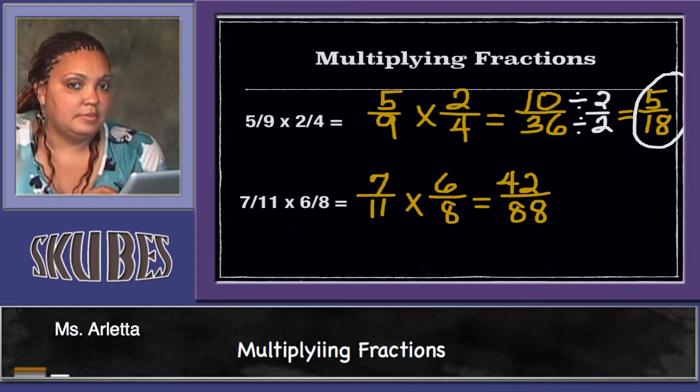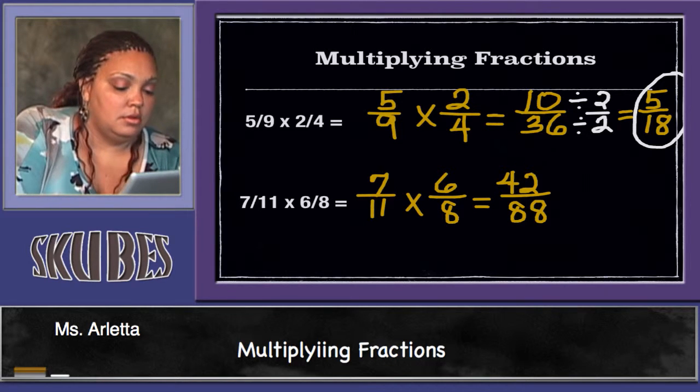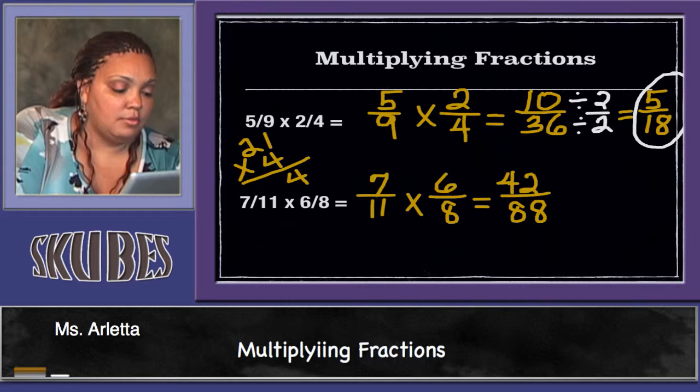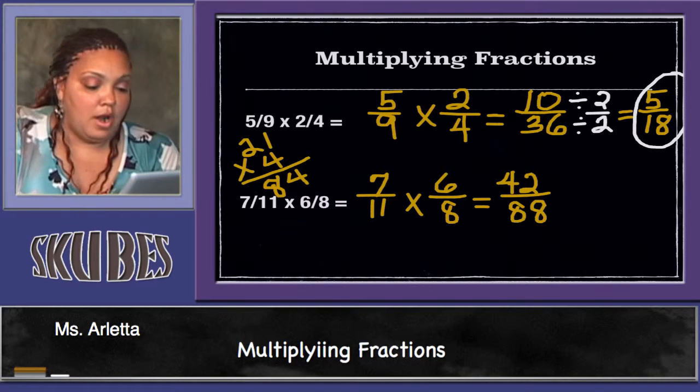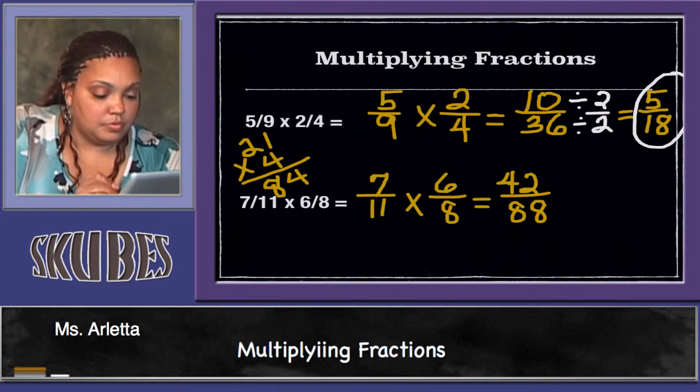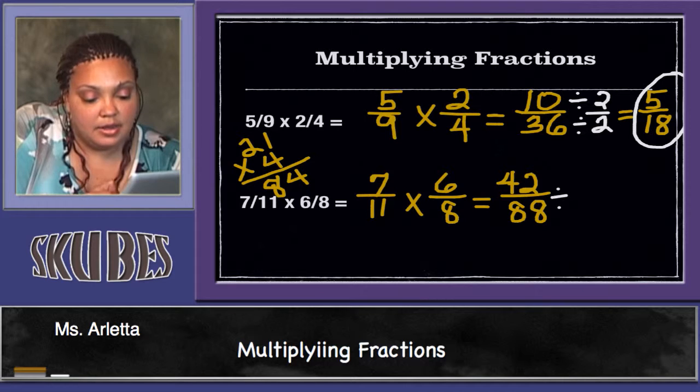We know that 6 times 7 is 42. For 6, we have 2 times 3. Let's see, 21 times 4 will be 84, of course, which is not 88. So our common factor here is 2, which means we're going to divide our numerator and denominator by 2.